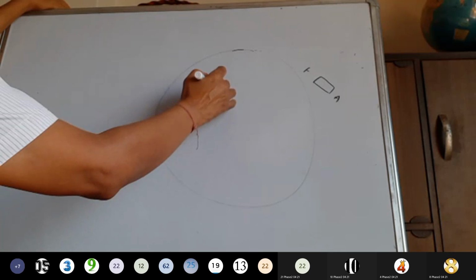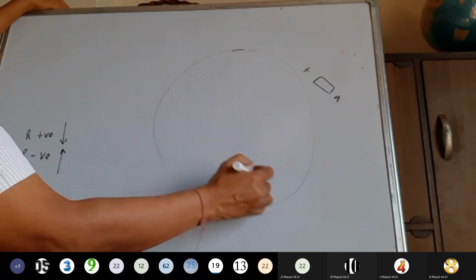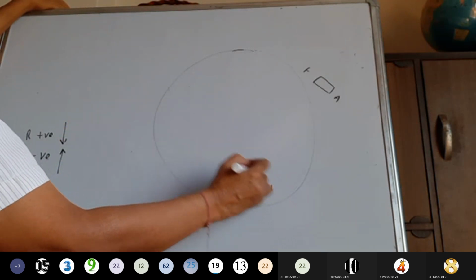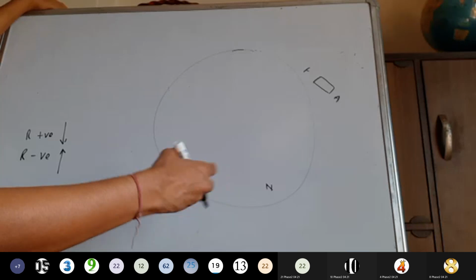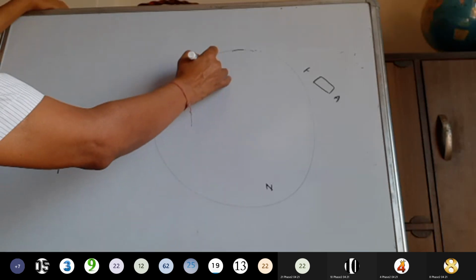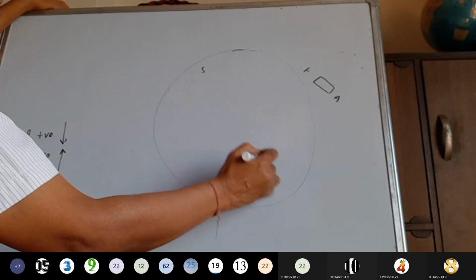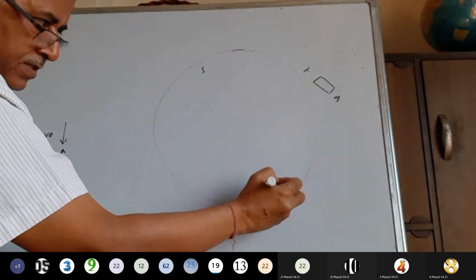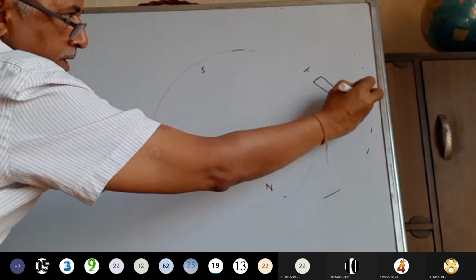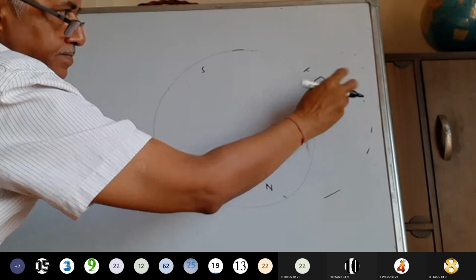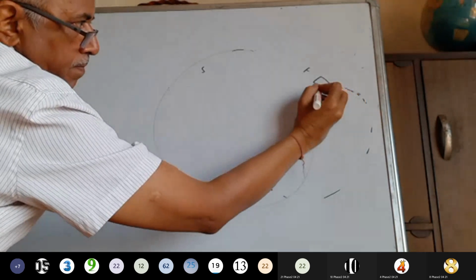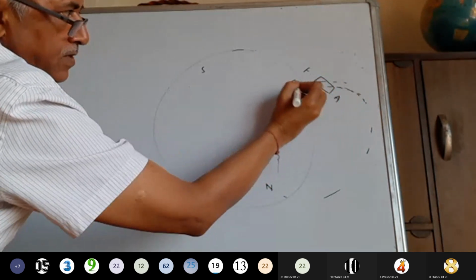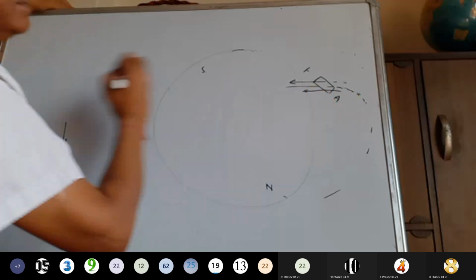So now how are the Earth's magnetic lines of force going? Here you have the North Pole. Actually, it is called the South Pole, but it is actually the North Pole. This is South. Because of that, the lines of force will be going like this, passing through the ship like this.